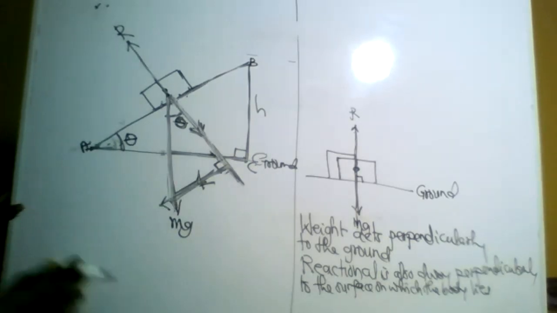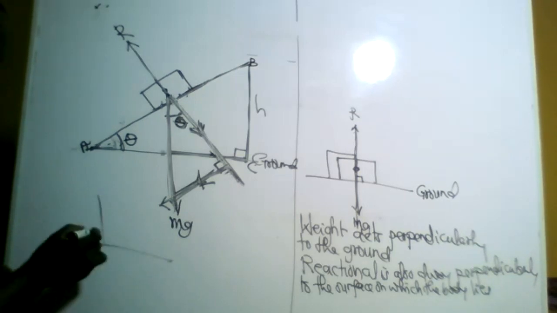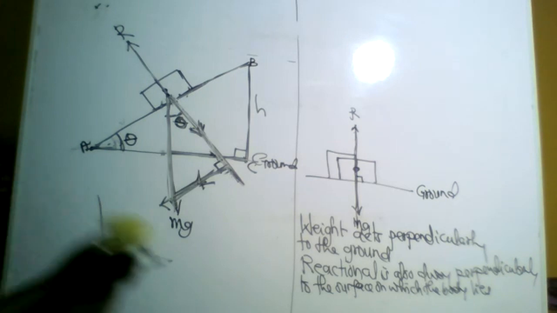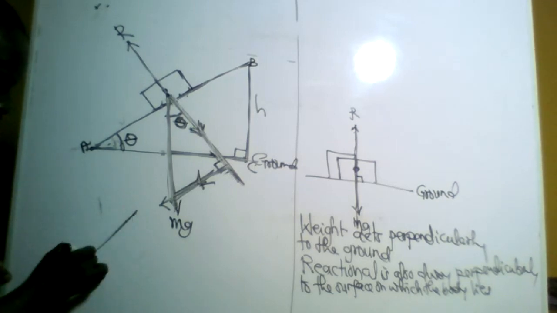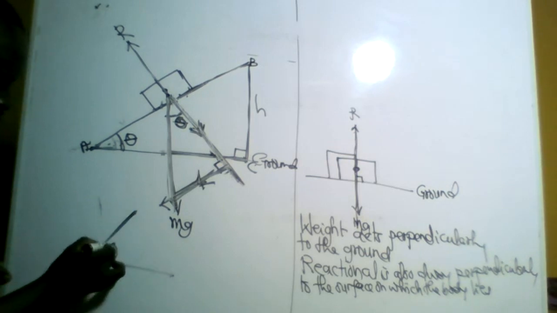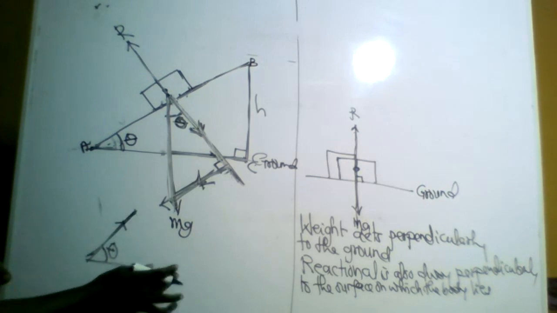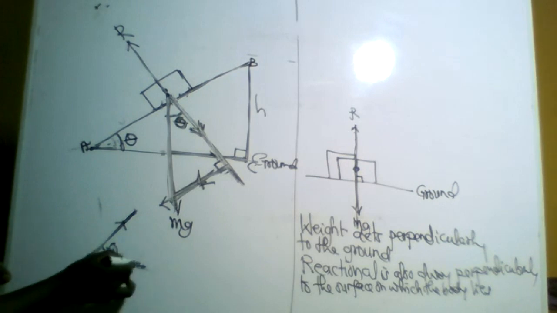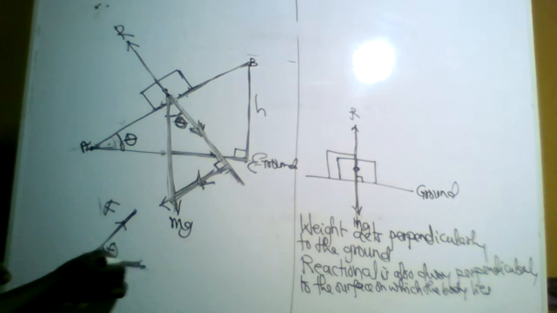If you have a force, resolution of forces into components. If you have this angle theta and you have a force, this is the side which is close to this force, touching the angle.